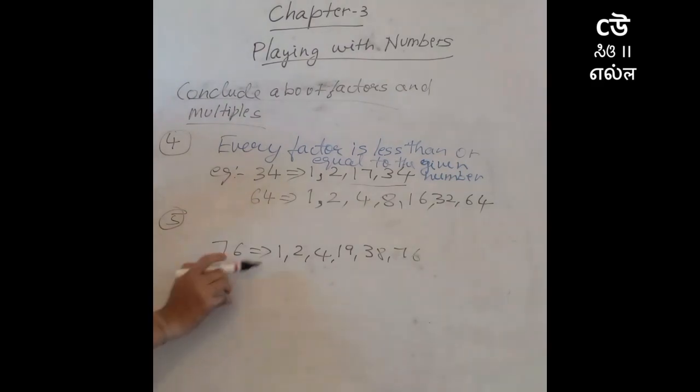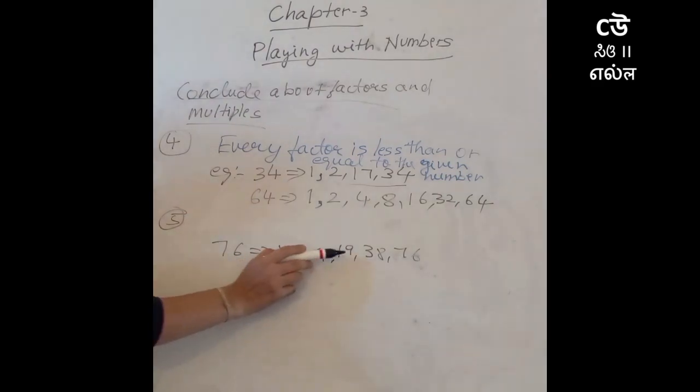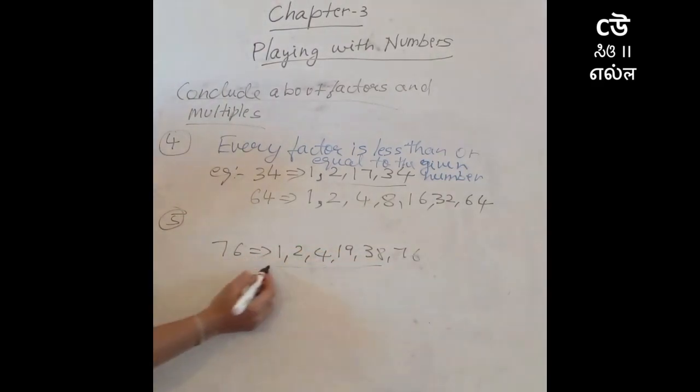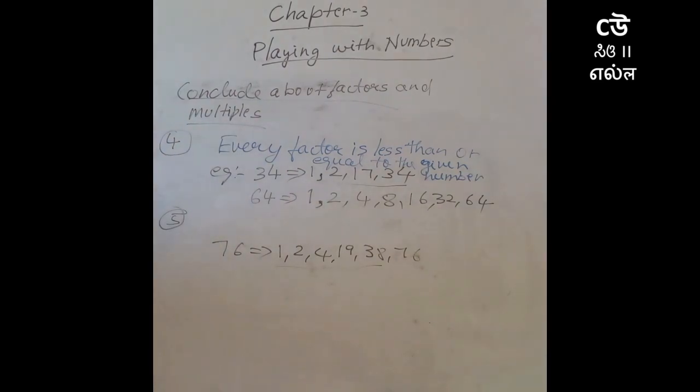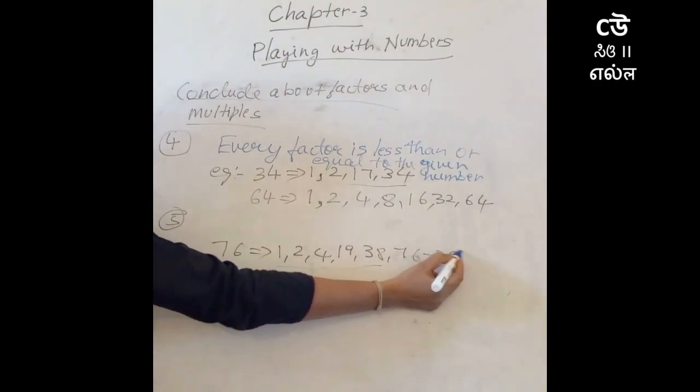So we have 1, 2, 3, 4, 5 factors. You can leave the same number, 76, and then count the rest of them. For 76 we have 5 factors, right?